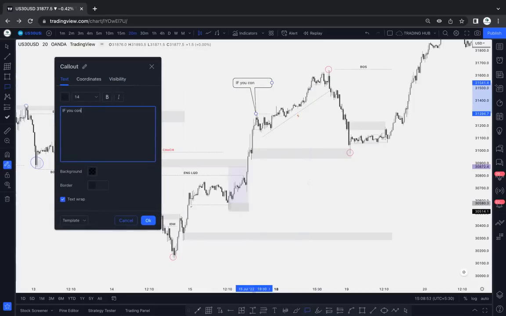If you are confused to identify a valid IDM, then switch. If you are confused about IDM, then switch.